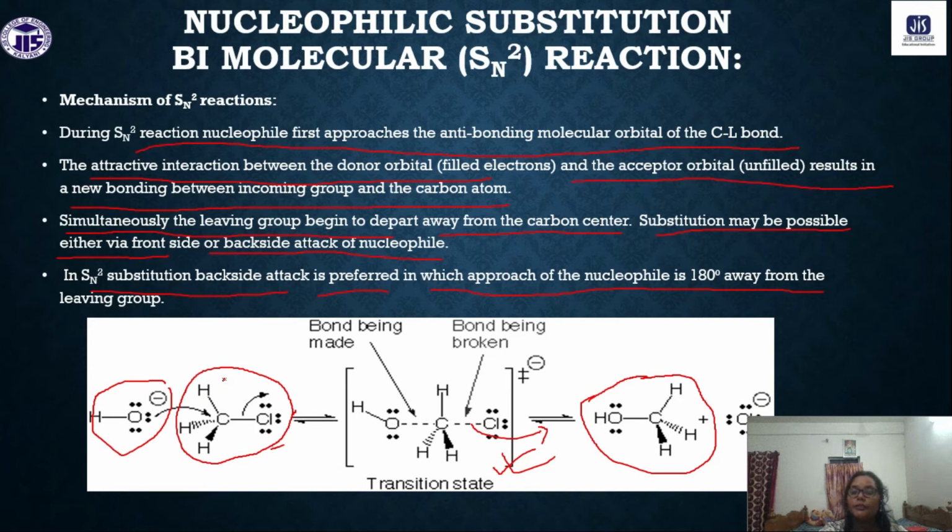If the substrate is bulkier, crowded with bulky atoms, steric hindrance will take place, and it does not prefer the SN2 reaction at all. Second, here we have the transition state, not the carbocation. So if we use a polar solvent, it doesn't affect the SN2 reaction.